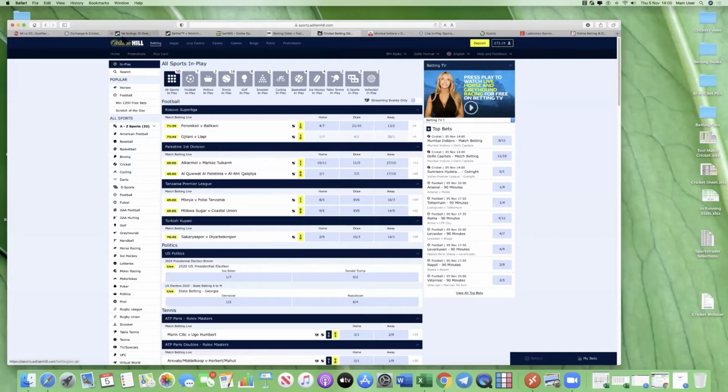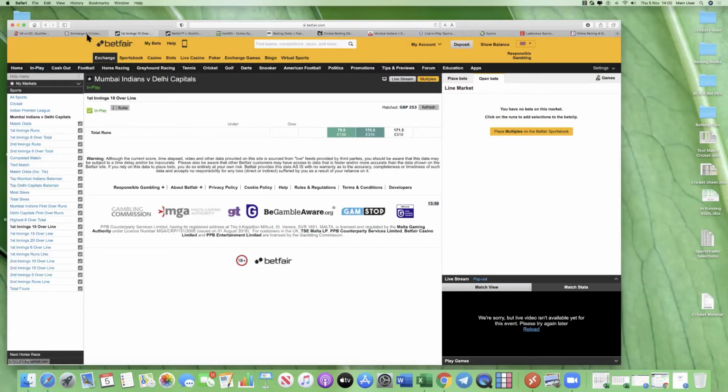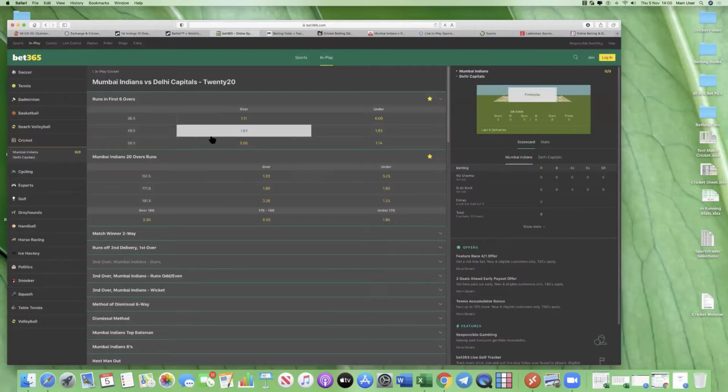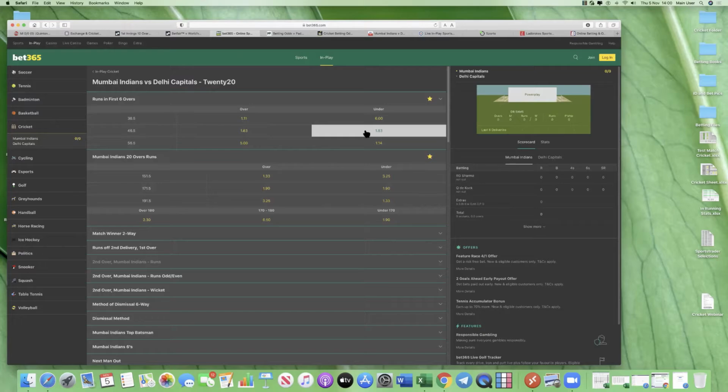Now, obviously, if you're looking at Betfair's lines, over 46.5 is 2.0, even money. And for example, with 365, if they were 49, if you went under that range at 5 to 6, then the two in between, you're basically getting 20 to 1.